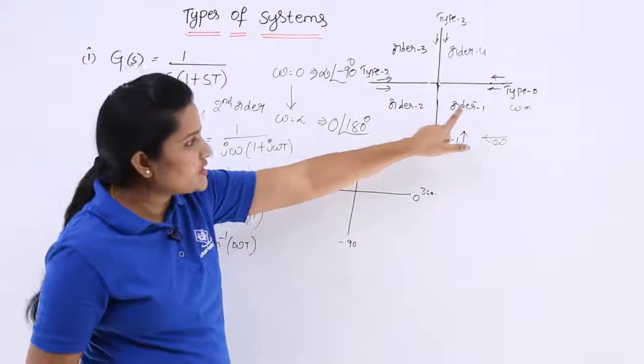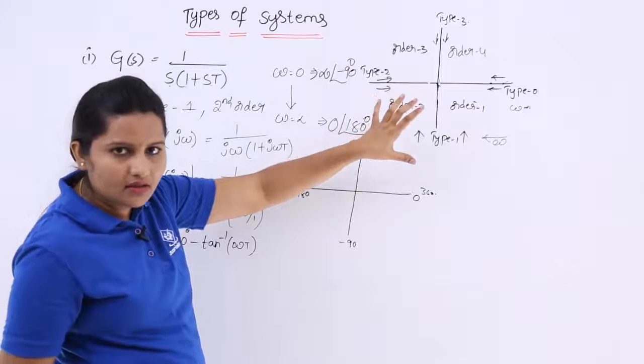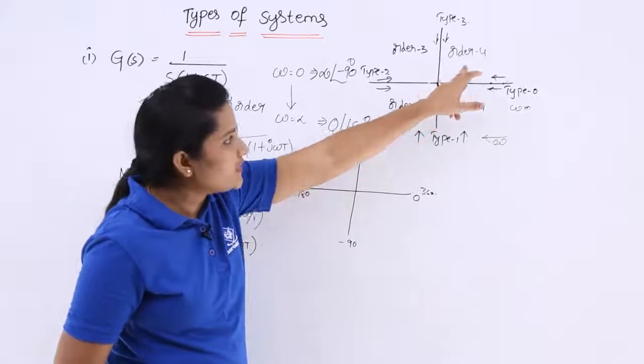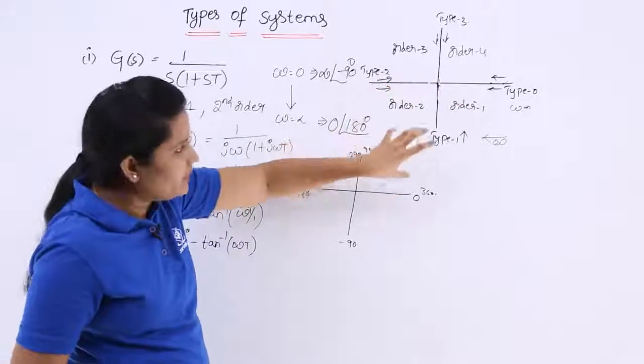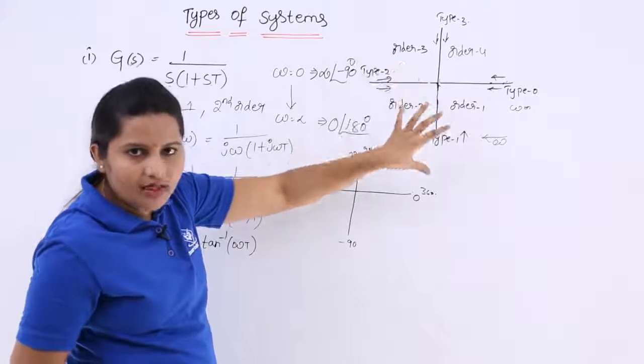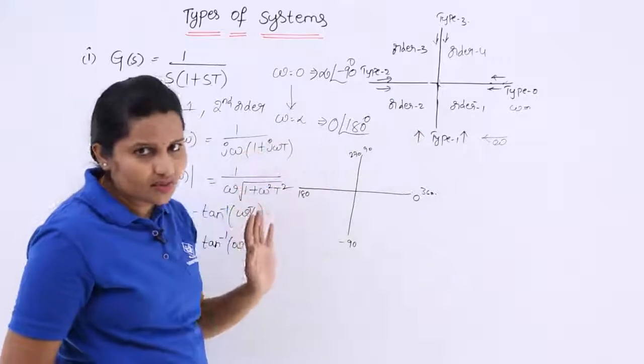If this is the first, second coordinate, or first, second, third, whatever it may be, you can see type 1 order 2 ends in this particular coordinate, whether you treat that as the second or third coordinate, that is your wish.